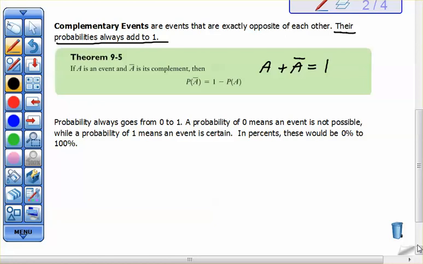So 0 would be 0%. And if they say there's 0% chance of it raining today, then you know it's not going to rain. But if they say there's 100% chance, which represents a decimal form of 1, that means we better bring our umbrella and raincoat because it's going to rain. Probability always falls on a scale somewhere between 0 and 1.